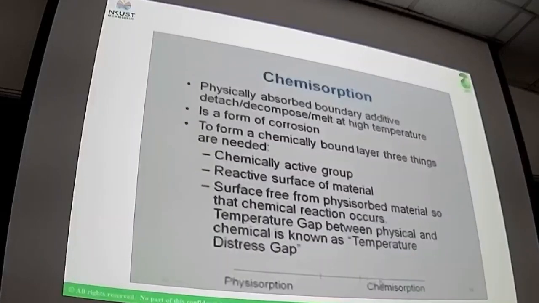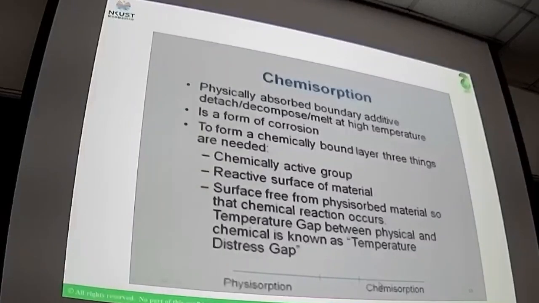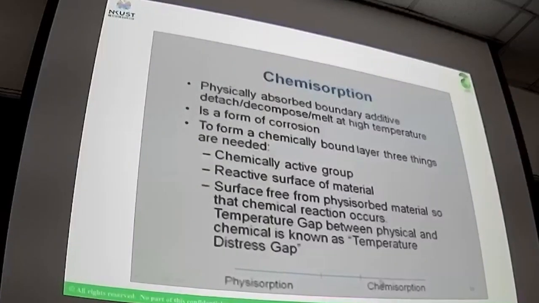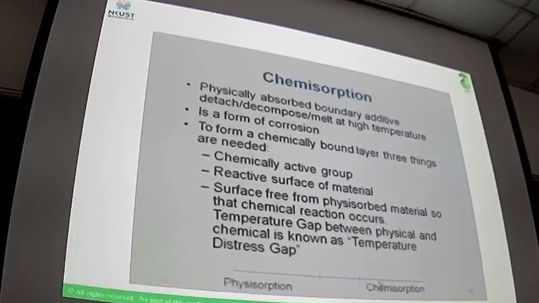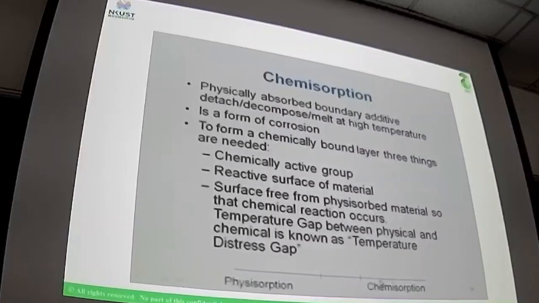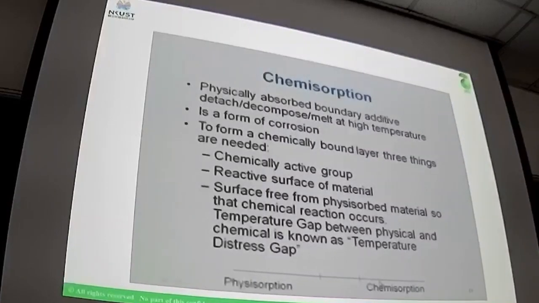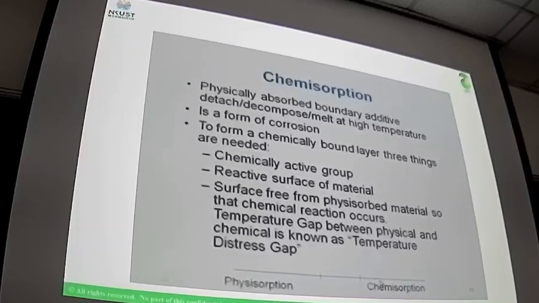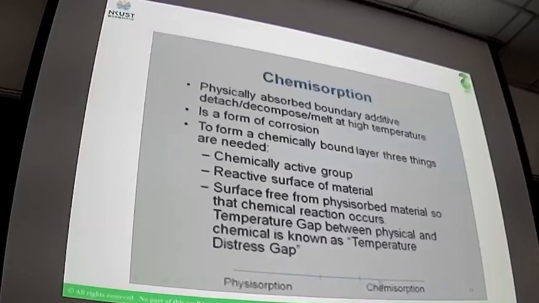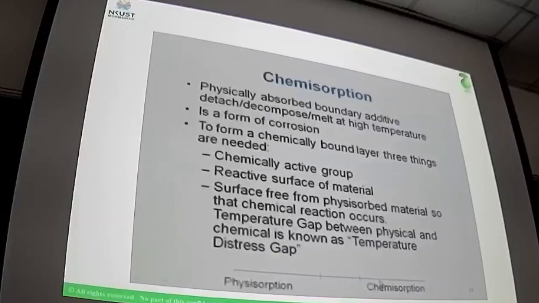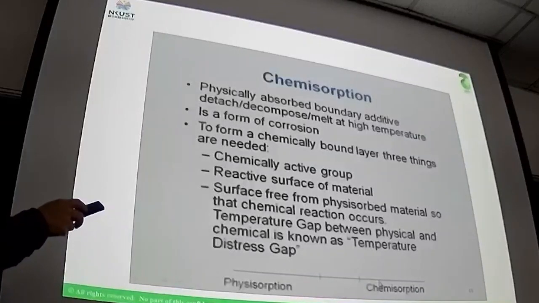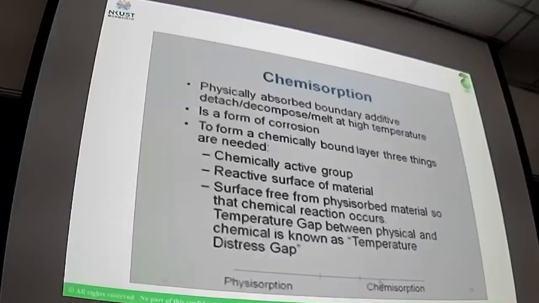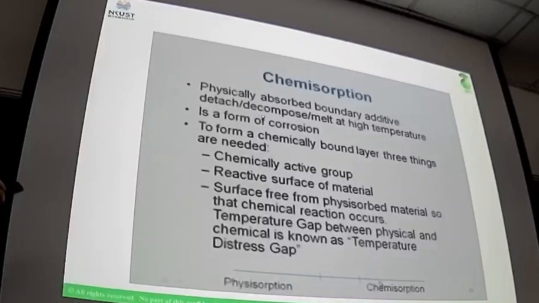So the next boundary lubricant mechanism is called chemical absorption. For chemical absorption, the physically absorbed boundary additive may detach, decompose or melt at high temperature. It's a kind of form of corrosion. To form a chemically bound layer, three things are needed.